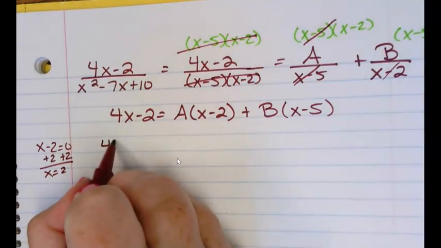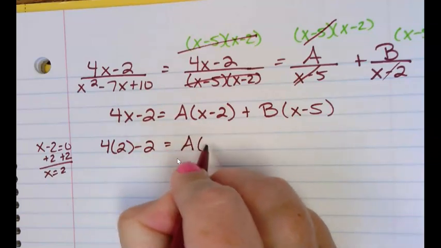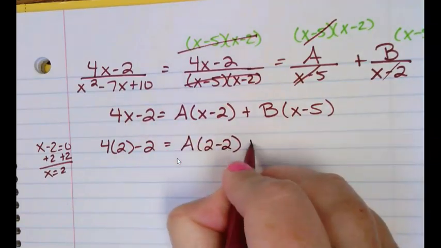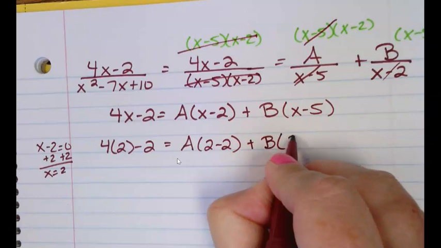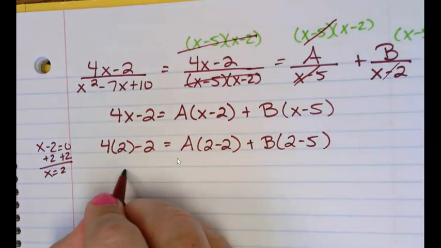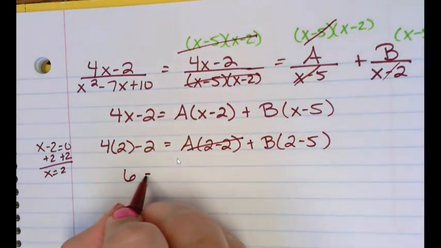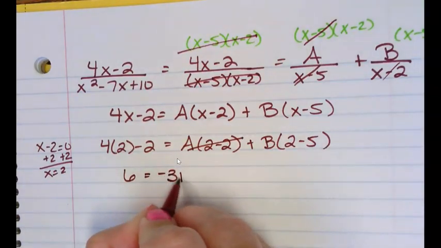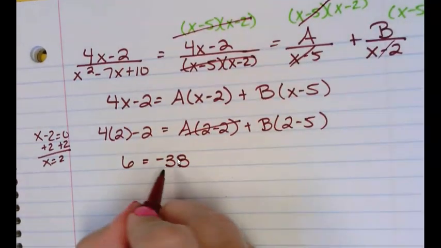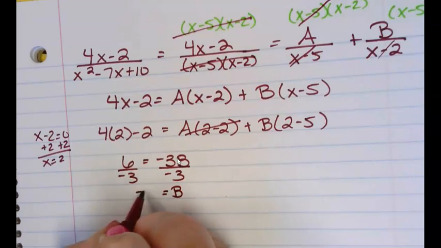So you're going to do 4 times 2 minus 2 equals a times 2 minus 2 plus b, 2 minus 5. So 8 minus 2 is 6, cancels, equals negative 3b, divide by negative 3, and b equals negative 2.